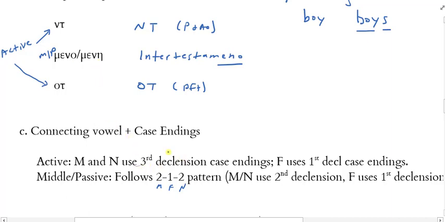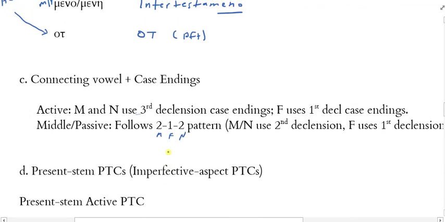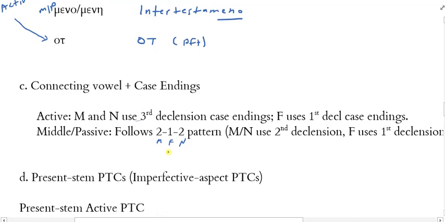Third declension case endings will have stems that end with a consonant. And what's going to happen here is that nu tau, in most cases, is what I'm adding my case ending to. And when that happens, I'm not going to have a connecting vowel. I'm just going to get a straight case ending. It interacts sometimes with that tau and creates some funny forms.